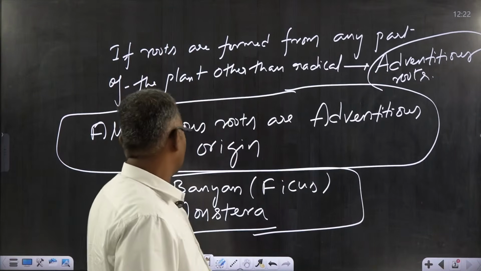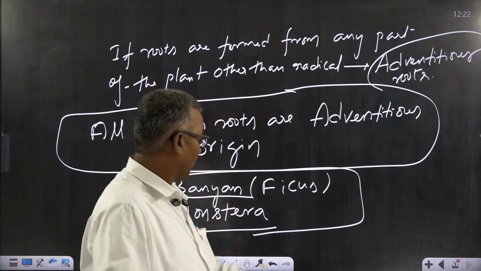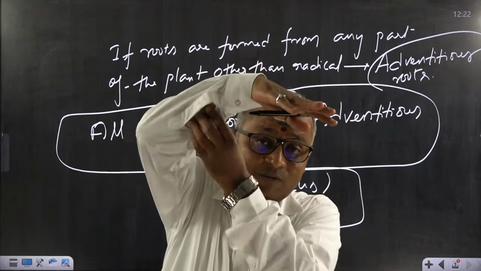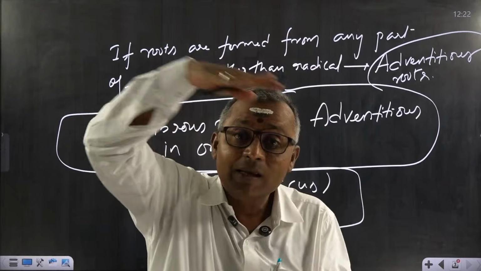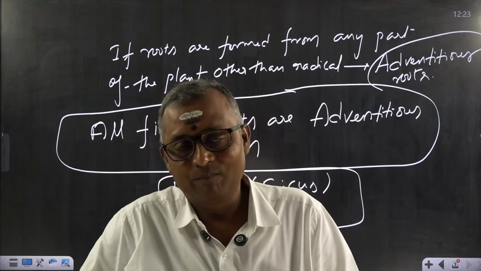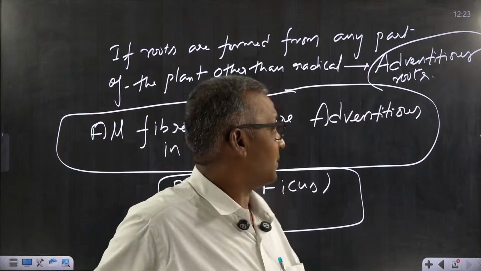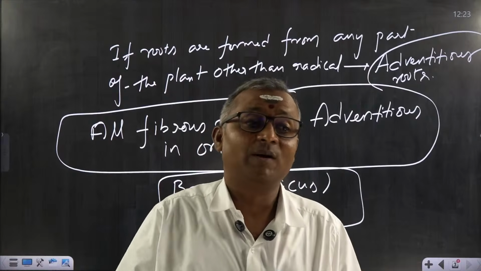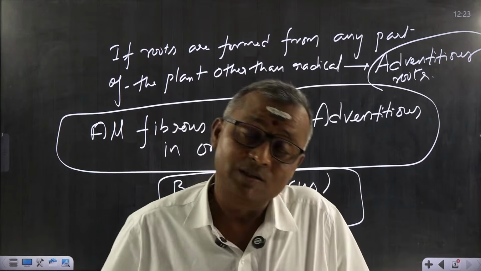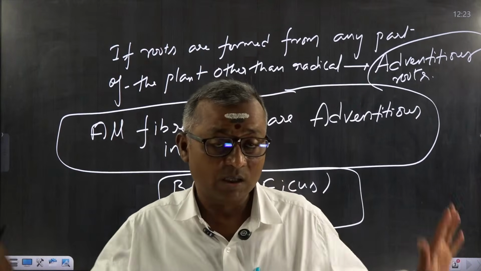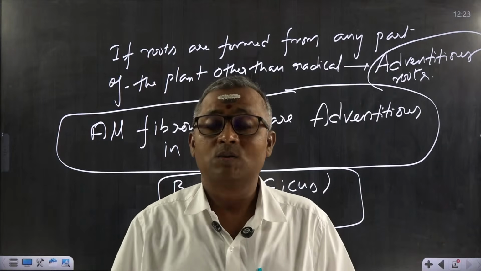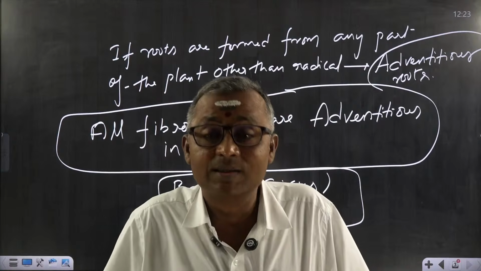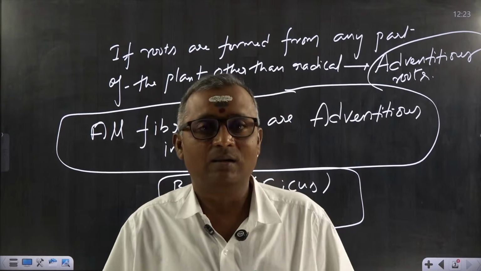Understood? The banyan is a dicot plant, but it has adventitious roots, originating from the base of the aerial branch. There are also adventitious roots which originate from the underground part of the stem. The stem is also underground in some cases. There are many details, and I am not going into all of them. I am just giving you the basic information now.